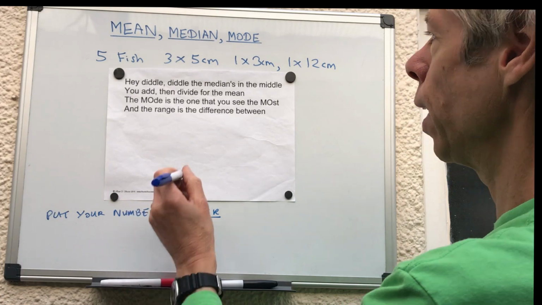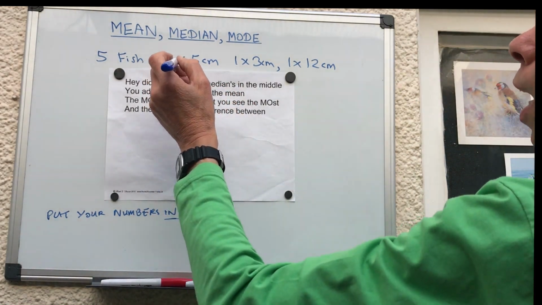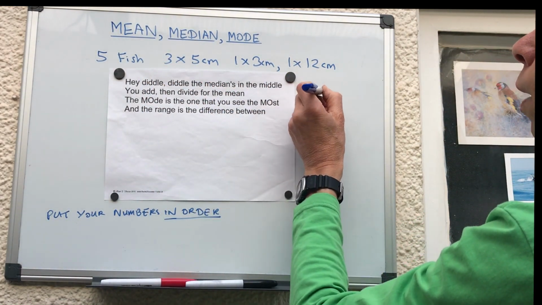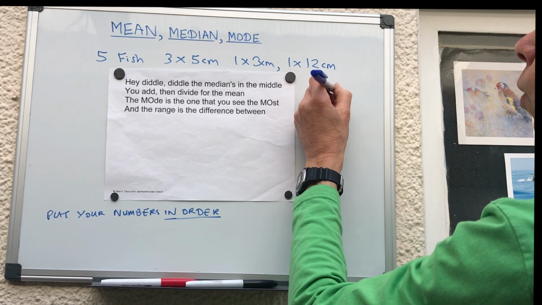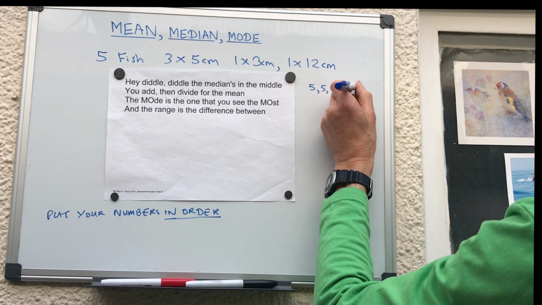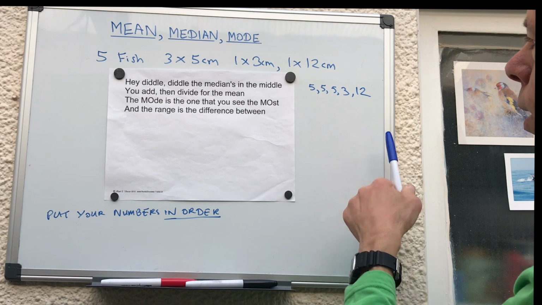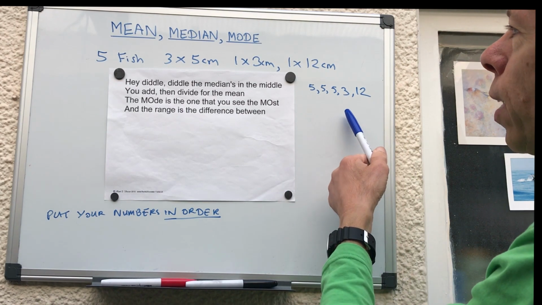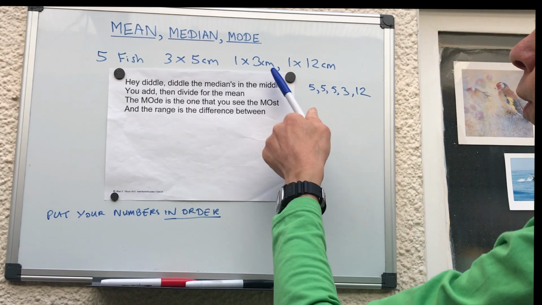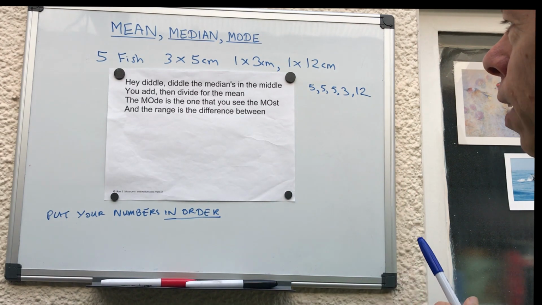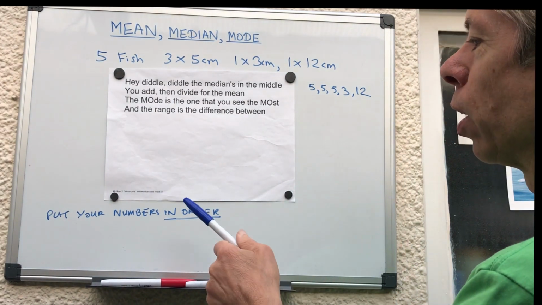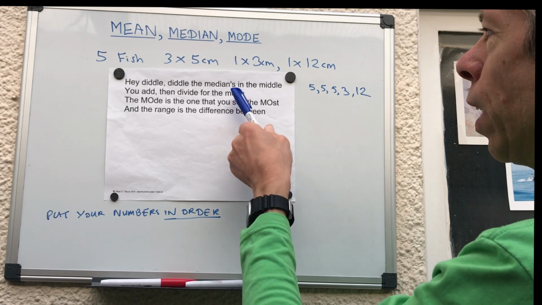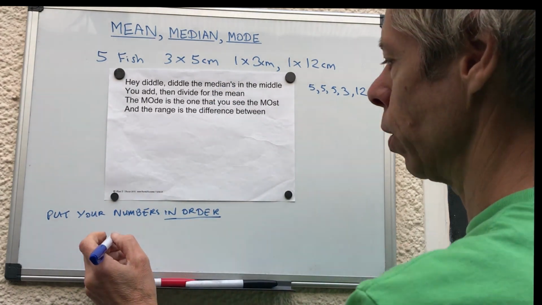So you could say that these numbers were given to us as 5, 5, 5, 3, 12. It might work in this example, but there's a danger that we're going to get the wrong answers, because the median in the middle only works if we put the numbers in order.